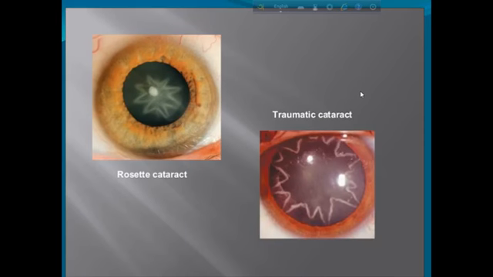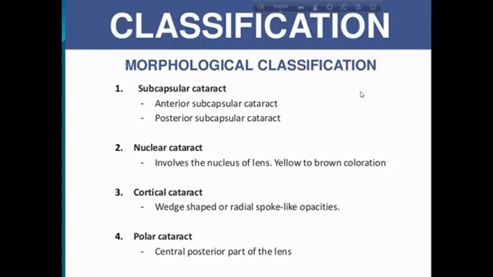And there is another cataract, rosette shaped cataract. Usually this is the cataract developed after blunt trauma.